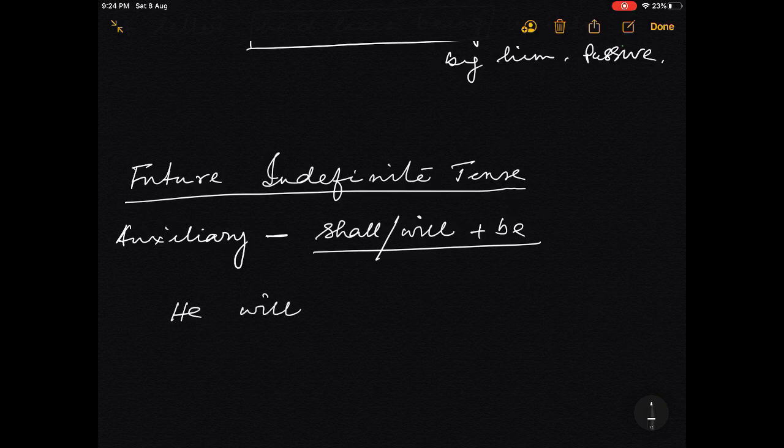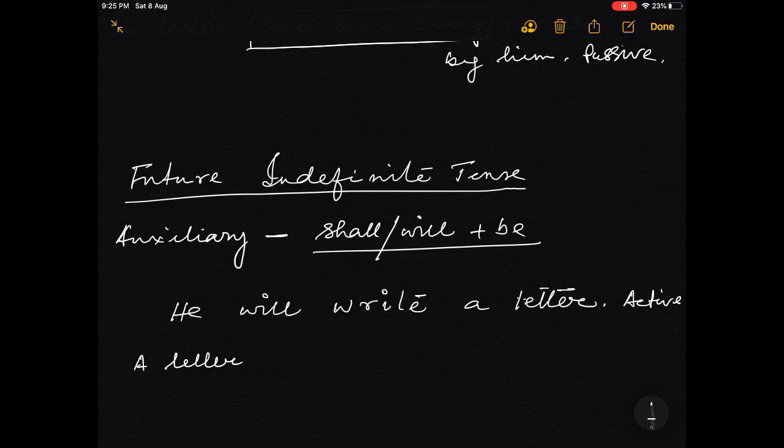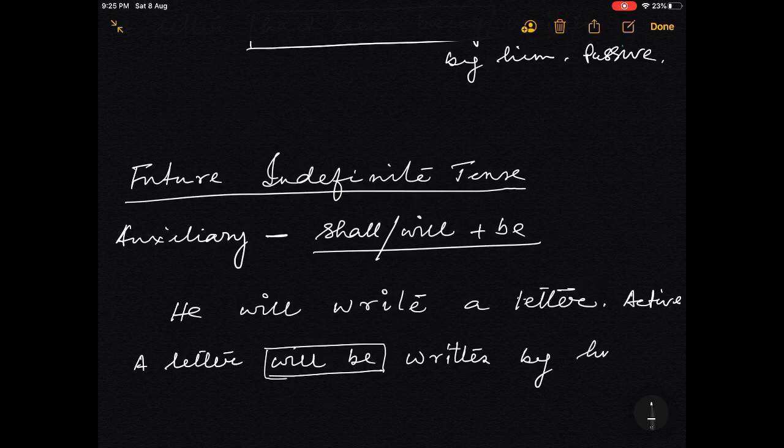He will write a letter. Active voice, always active voice. It will become a letter will be written, always written, by him. Passive.